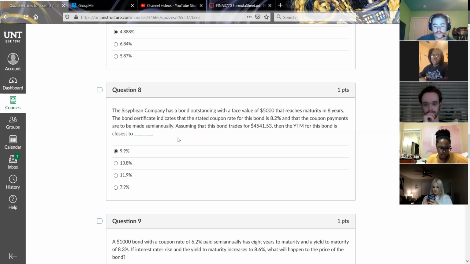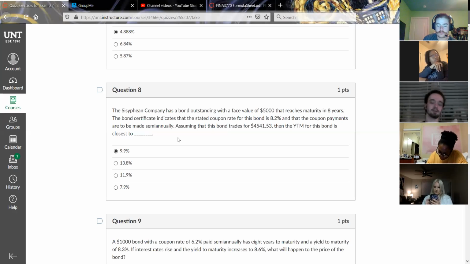Yeah, that makes sense. It was more a matter of finding the coupon payment and then plugging everything in. That's probably the toughest thing, something we really have to look out for on this test. A lot of it is in different terms. Some are yearly, some semi-annual, monthly, quarterly, so you have to make sure you change that when you're calculating, and change it back if it's asking for yearly.